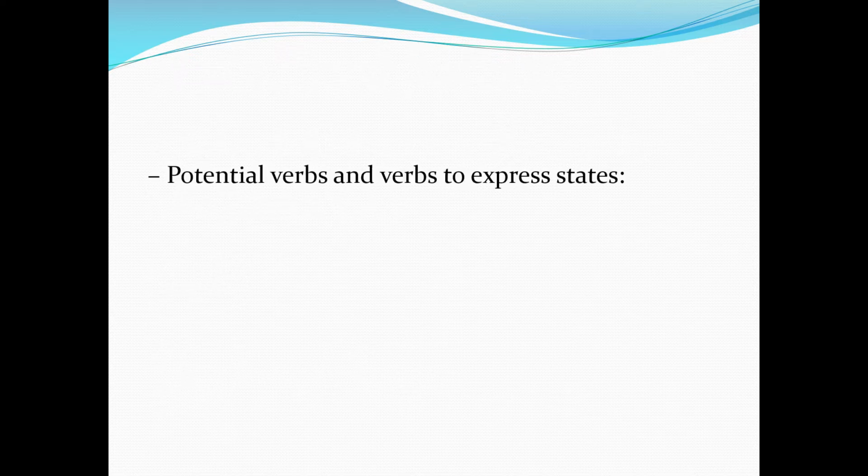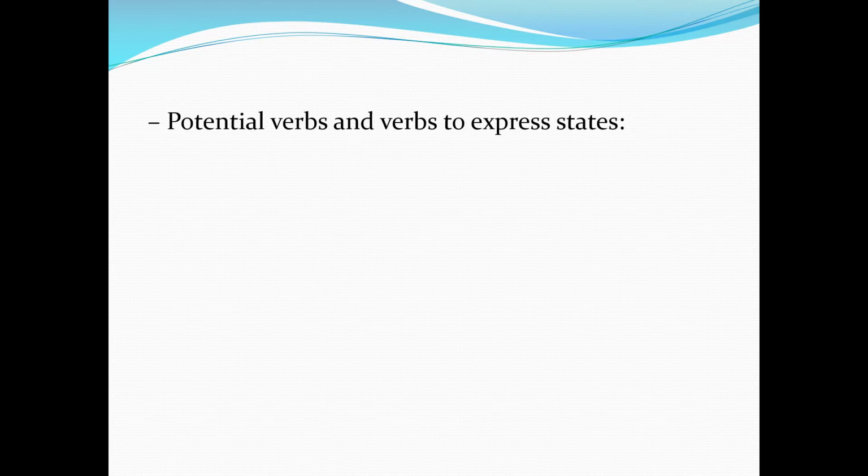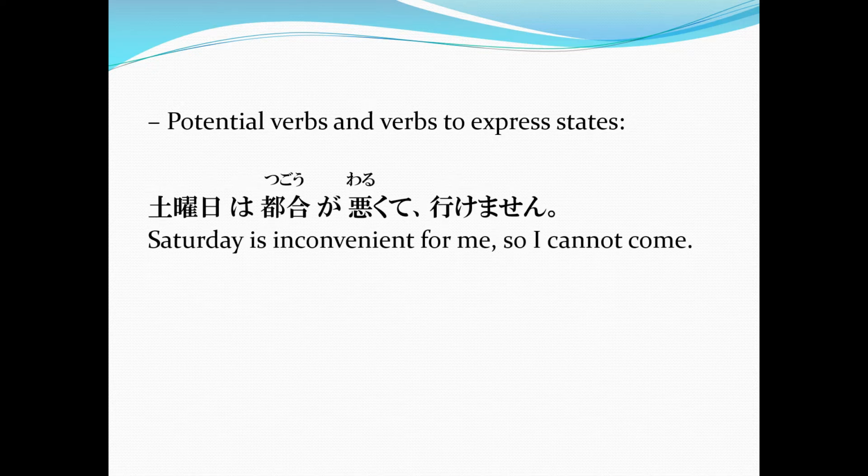Now, potential verbs and verbs that express states can also be used when you want to express potentiality or a certain state. Example, 土曜日は都合が悪くて行けません。Saturday is inconvenient for me, so I cannot come. In this sentence, you express a state wherein you are inconvenienced during that day, so you cannot come.